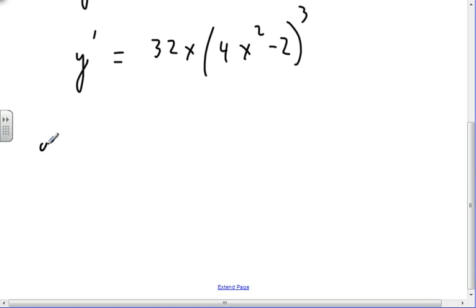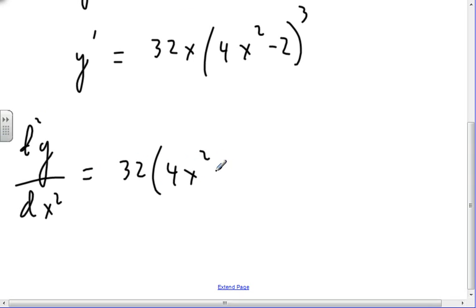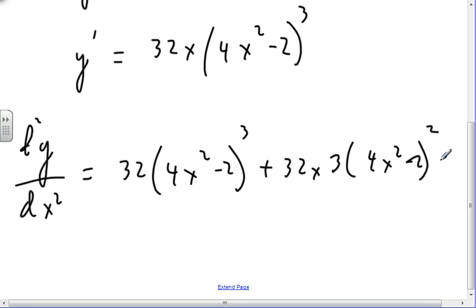Okay, so now I'm looking for the second derivative, and we'll spell it the same way the question is. So we want the second derivative with respect to x. So I've got 32 times 4x squared minus 2 cubed plus 32x times 3 times 4x squared minus 2 squared times 8x.